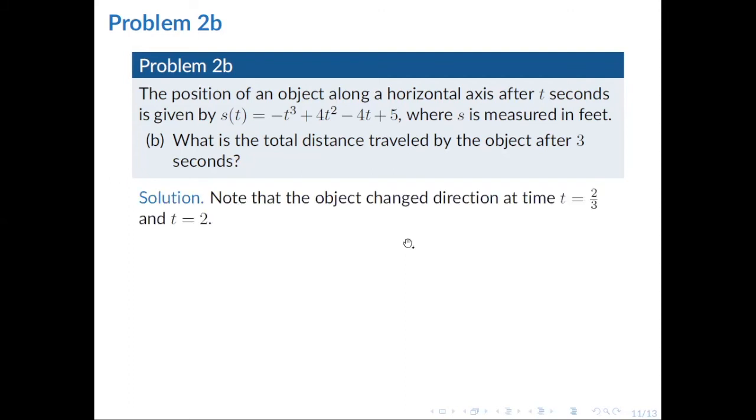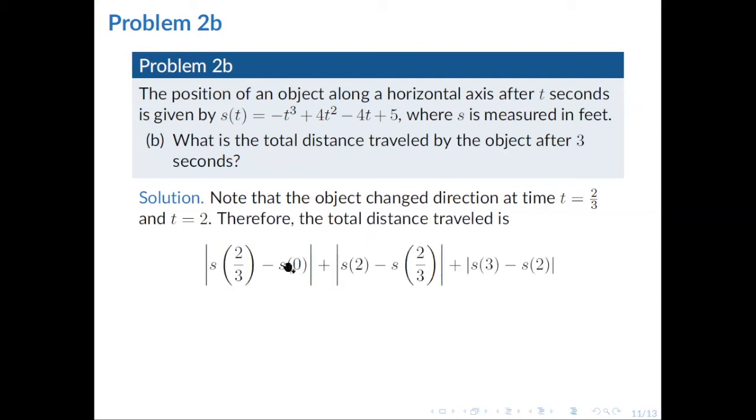If you remember, the object changed direction at t equals 2/3 and t equals 2 because v of t equals 0 there. So what we'll do is split the computation of distance at the points where it changed direction, then apply absolute value.